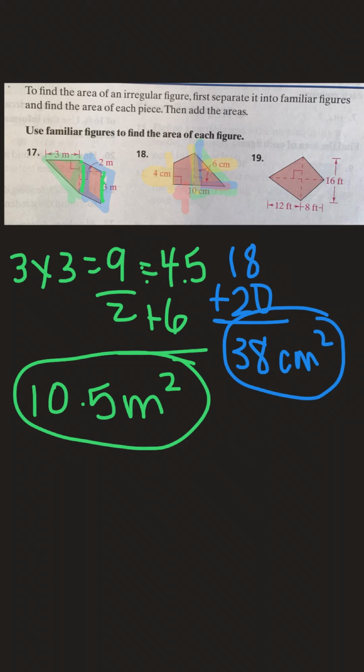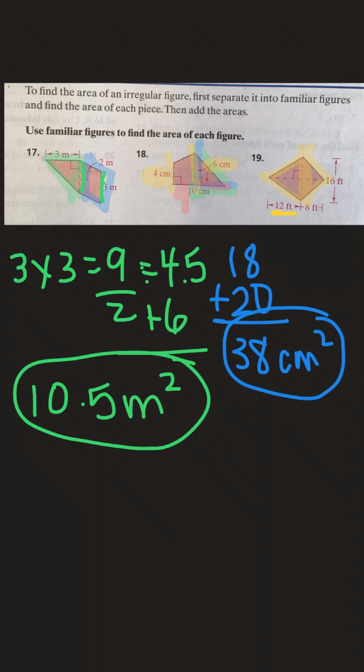And our last one, we are going to split this one into two triangles. Triangles are going to be base times height times 1/2, or divide by 2. So this first triangle over here is going to be 12 times the height is 16.